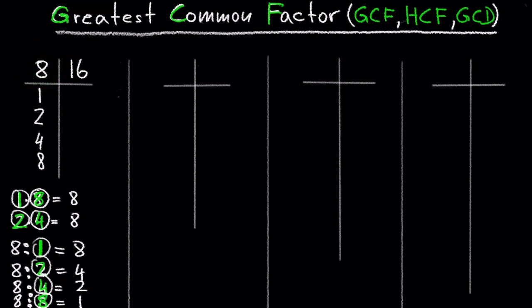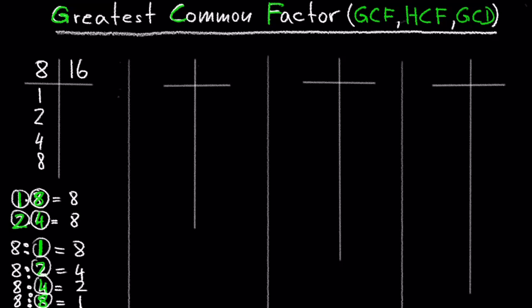Now, what are the factors of the number 16? Feel free to pause the video and ask yourself the question, which numbers multiply to 16 or which numbers divide into 16? A factor and a divisor are kind of the same thing here.